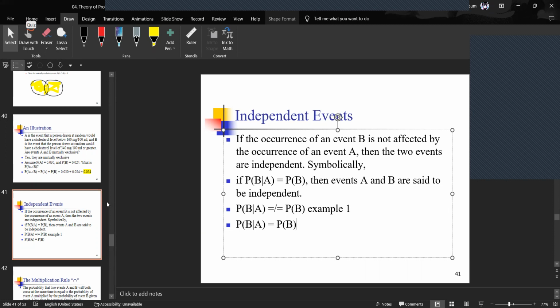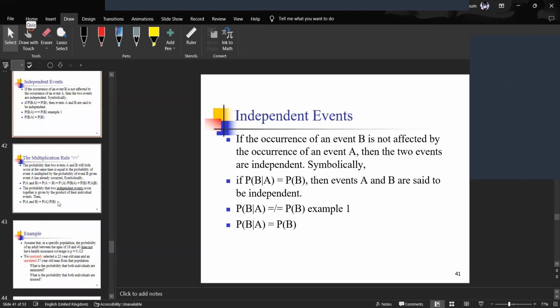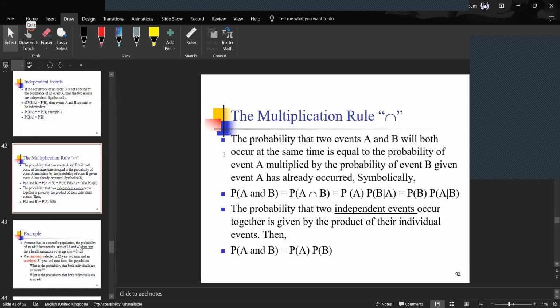And so with that, we're going to be taking a new rule. The multiplication rule tells you that if you're finding the intersection, you want to find the probability of A intersection B, or A and B. So the probability of it raining and me having pizza.